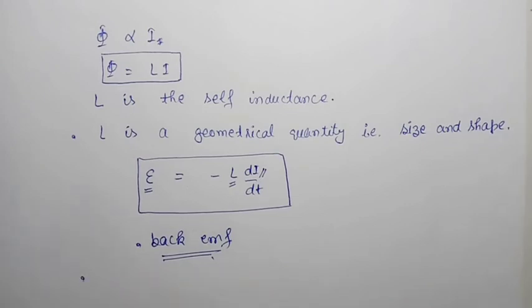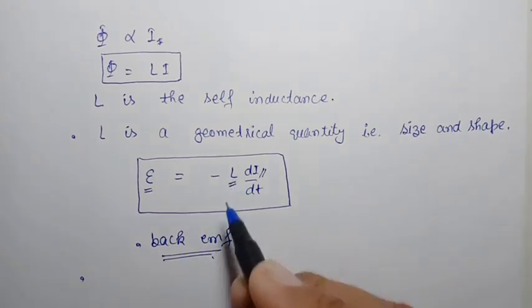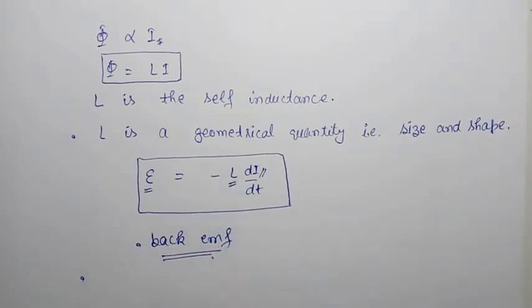Further, finally, if the self inductance L is very large, then it is very difficult to change the current. Okay, thank you.